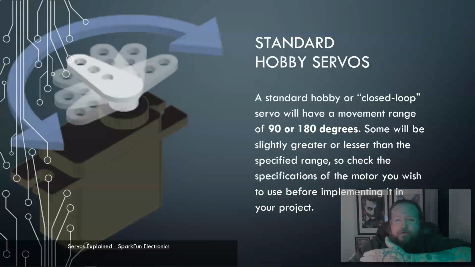Usually it's 180 degrees. Sometimes it could be smaller, like 90 degrees. But the idea is that you can move it along that 180 and tell it, hey, go to degree 60, and it will move to that degree 60. So using that potentiometer, it can tell where something's moved and then stop. That's the closed loop cycle from the beginning. And then you can have it move backwards and forwards, but it will not spin all the way around.